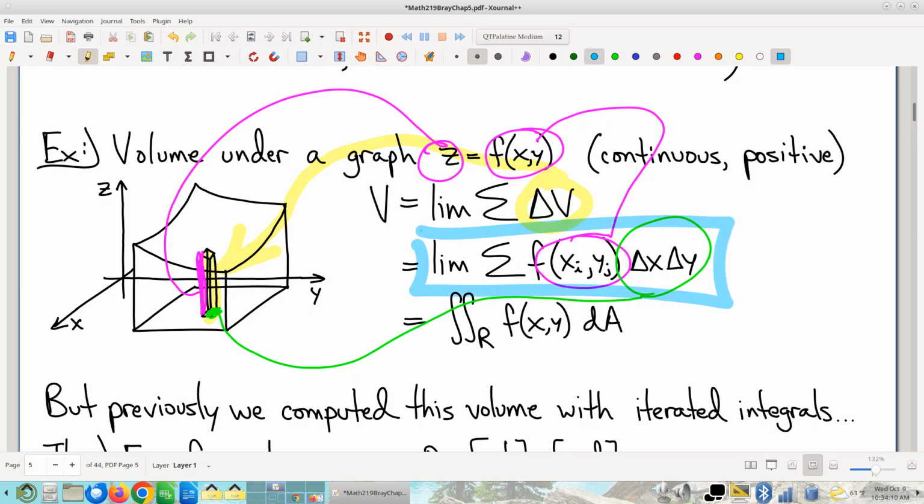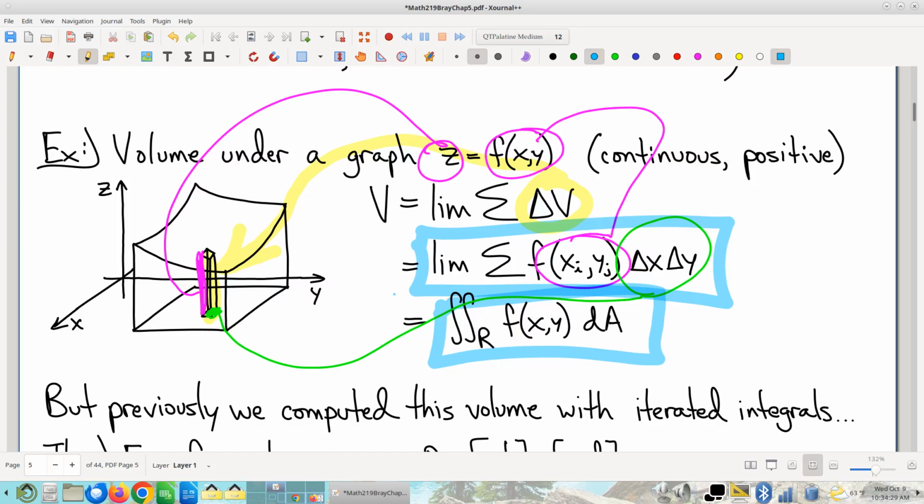This is exactly the definition of a double integral. So isn't that nice? Double integrals are an alternative way to write down an expression for how to compute the answer to a question that we already knew how to answer in a different way.